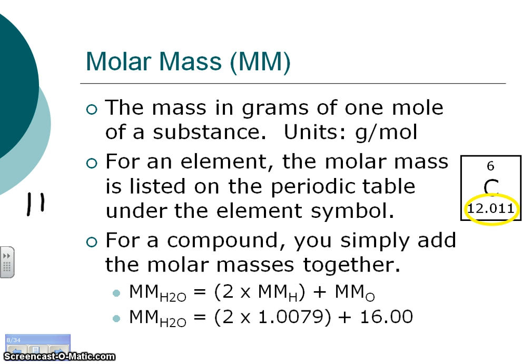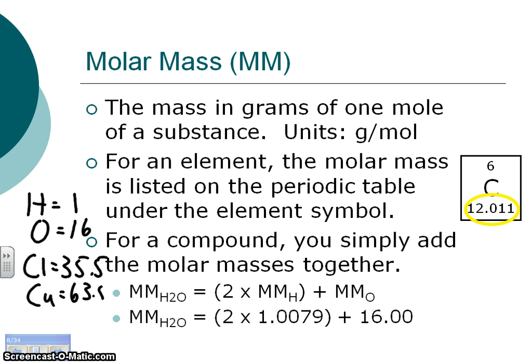So for hydrogen, our molar mass is going to equal 1. For oxygen, our molar mass is going to equal 16. There's only 2 elements where you're going to need to use a decimal point. The 2 elements are chlorine, which will always be 35.5, and copper, which will always be 63.5.